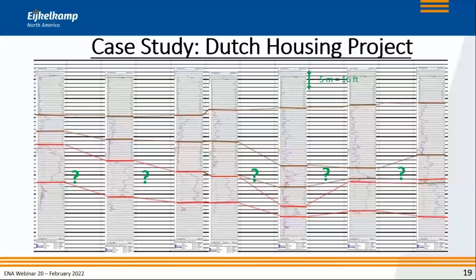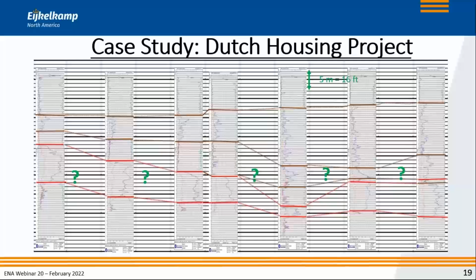If you put all the profiles side by side, it seemed that as you were going from left to right, that bearing layer went deeper and deeper. But then somewhere in the middle over here, you really didn't know anymore how the layers connected, what was going on. That bearing layer seemed to disappear altogether, or maybe it went back up again to the surface. Who knows what was happening?